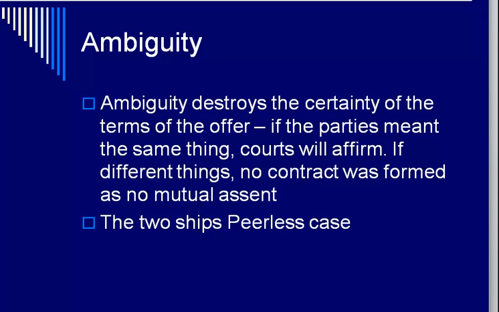Both parties contracted thinking that they were dealing with one Peerless ship, but in fact they meant the other. One party meant the other. So they had two different ideas in their mind. So therefore no mutual assent ever was reached and no contract was formed. They had the appearance of a contract, but there was so much ambiguity that was actually mutual that there was no contract, no mutual agreement.